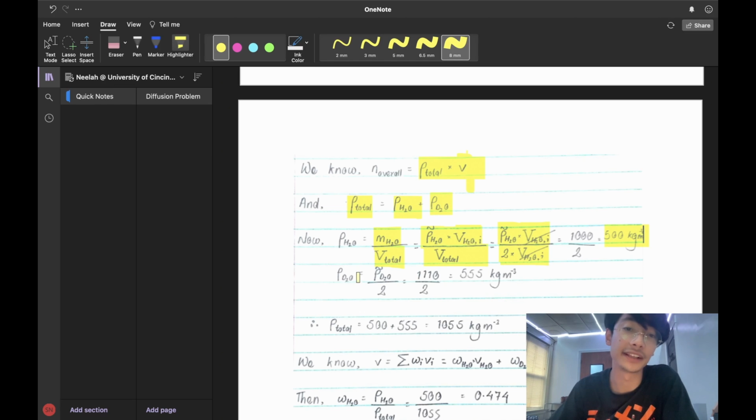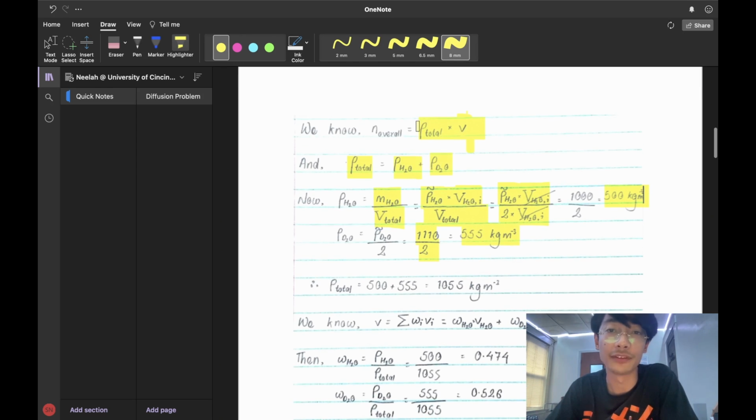In the same way, we calculate the mass concentration of D2O, which is its density divided by 2. So that's 1110. This value was provided by the question, and we divided by 2, and we get 555 kilograms per meters cubed.